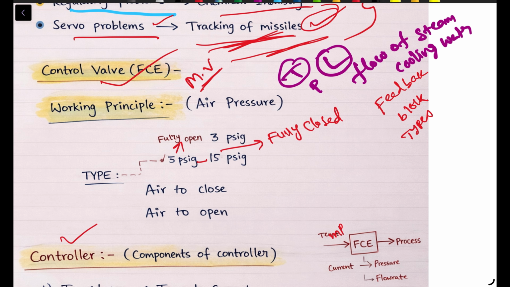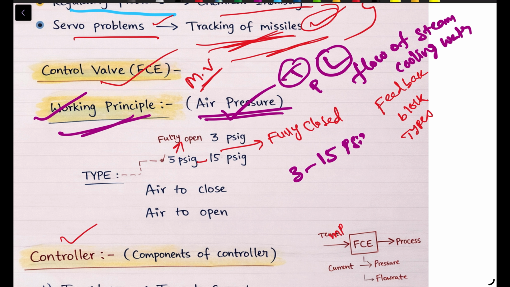Okay, so let's discuss the exact working principle of this final control element, the control valve. Most industrial control valves operate using air pressure signals. The standard pneumatic signal range used in industries is 3 to 15 psi. Here 3 psi represents the minimum signal and 15 psi represents the maximum signal.